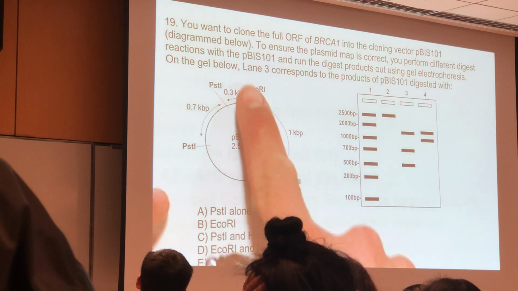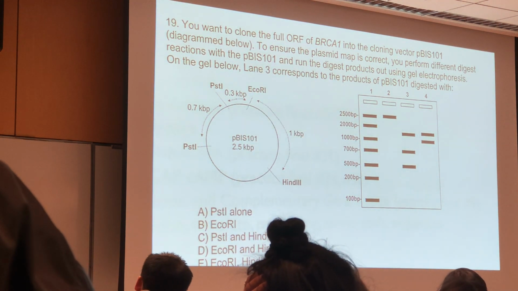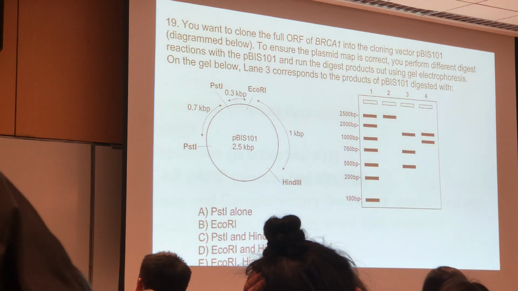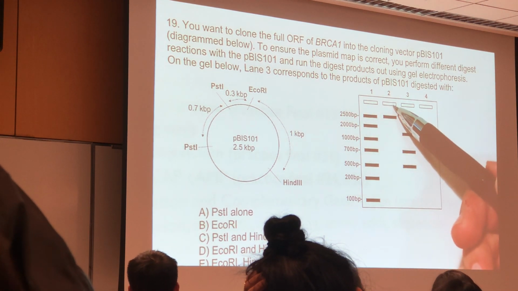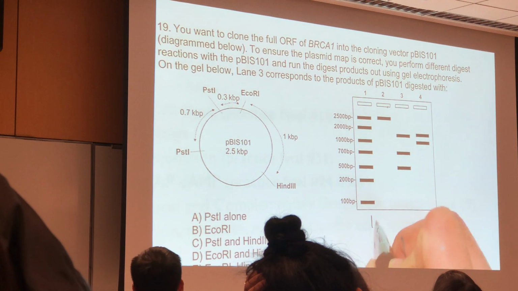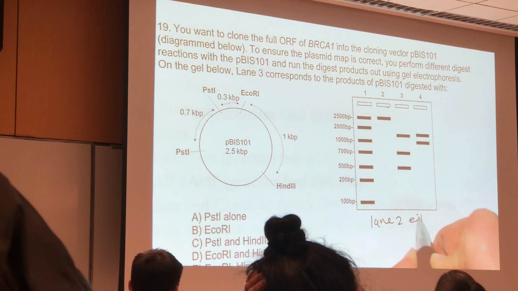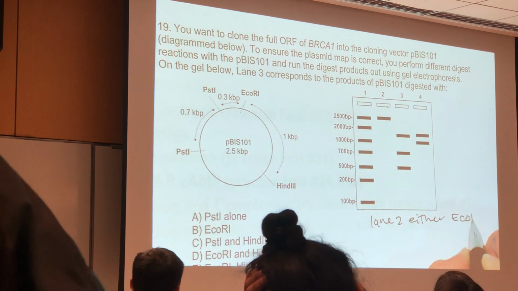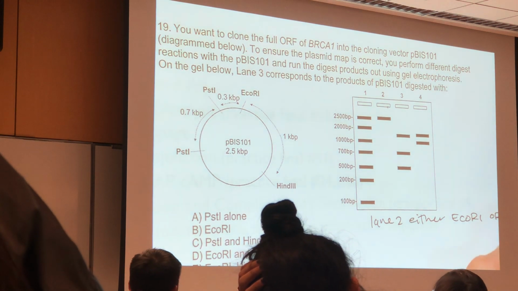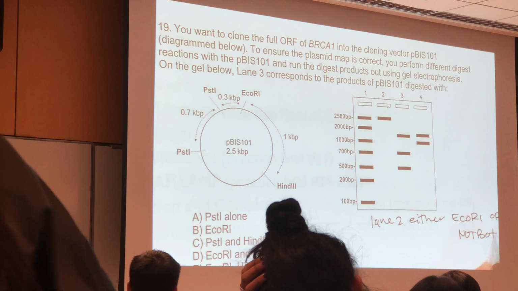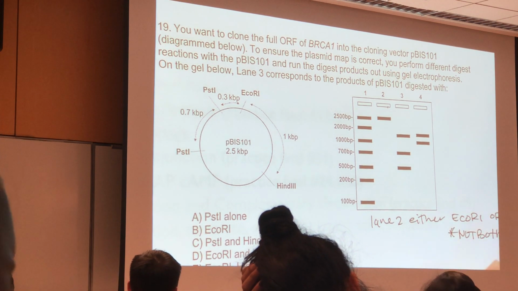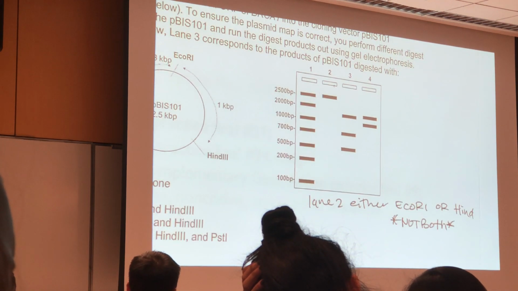If you cut this once, it would run at 2,500 base pairs or 2.5 kb. So lane 2 is either EcoRI or HindIII, but not both. Okay.